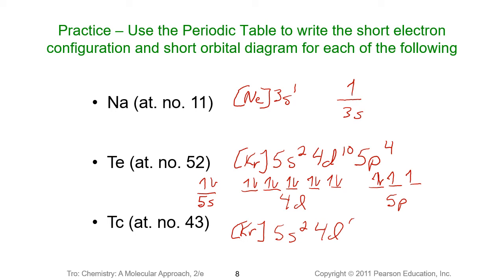We count the blocks over till we reach technetium, and we end up with 4d5. If we draw our orbital diagram, we'd have one line for the 5s and 5 lines for the 4d. Our s would be completely filled, and the 4d would have 1 electron in each of the orbitals.